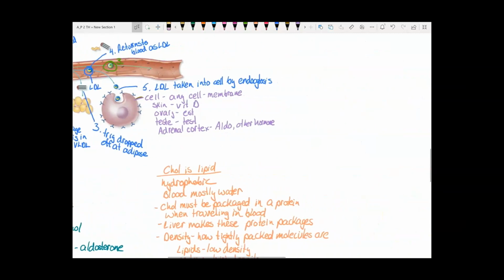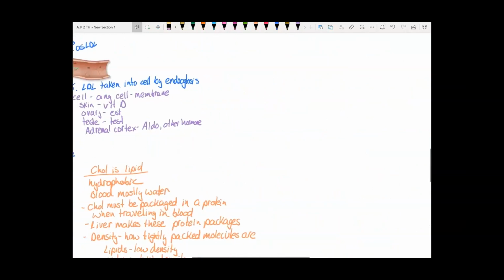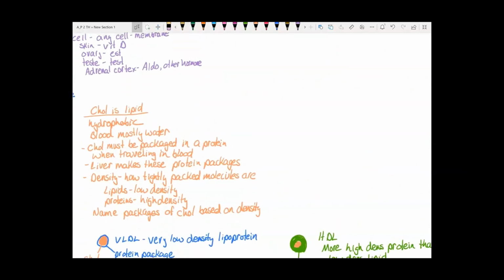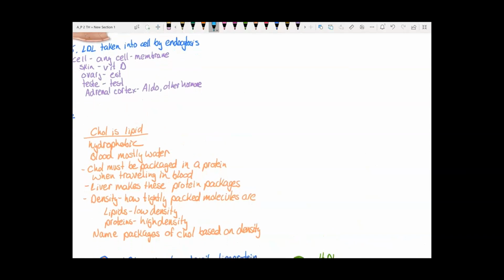Okay, one last thing to talk about now, and that's how you actually get cholesterol out of the body. So in some cases, it's going to exit with its product. For example, your cells are always dying and falling off, right? We've talked about dust as your dead skin cells, and they all have cholesterol in their cell membrane.